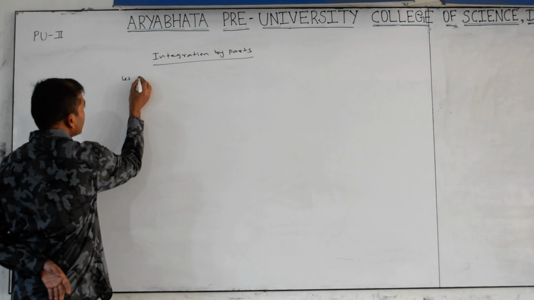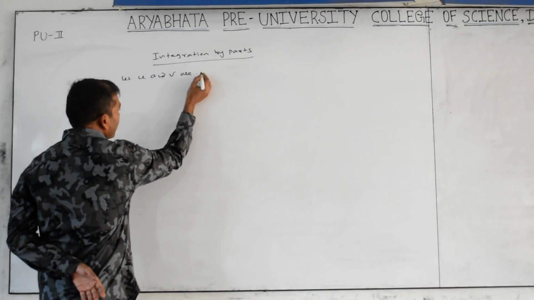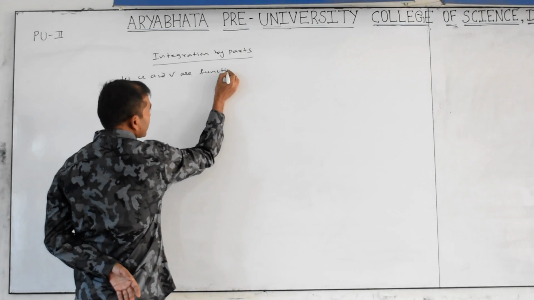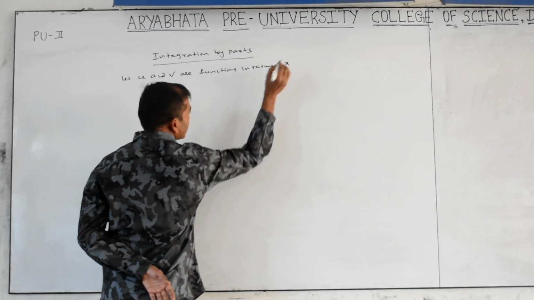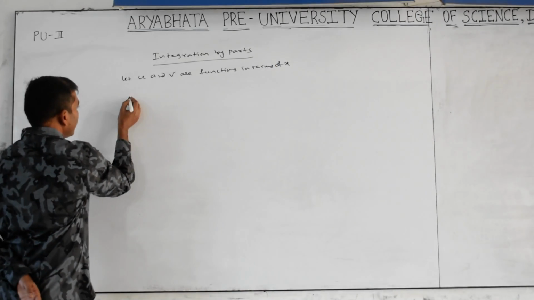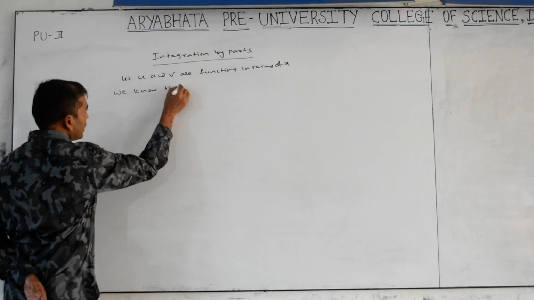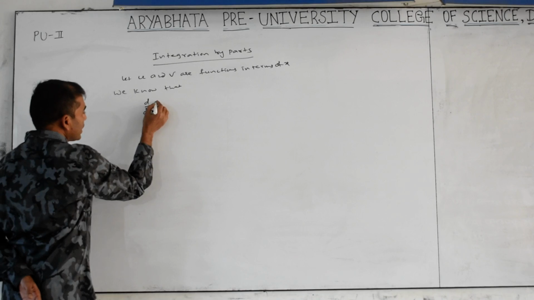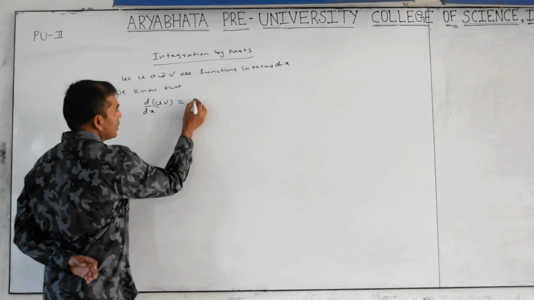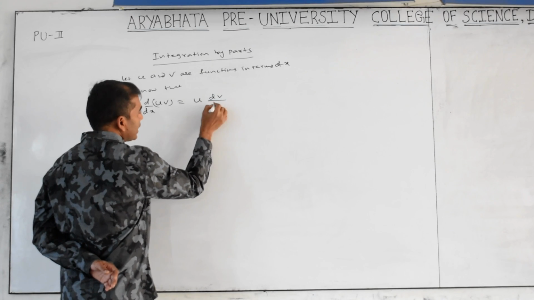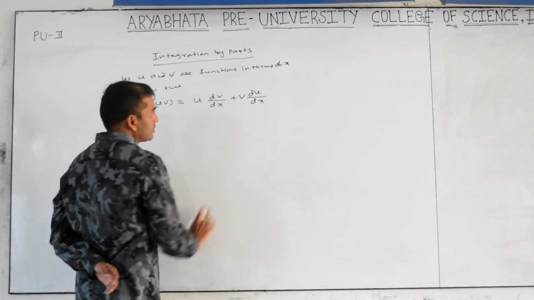Let u and v be functions in terms of x. In terms of x, we know that d by dx of uv equals u into dv by dx plus v into du by dx.